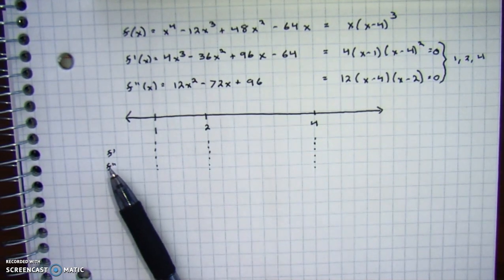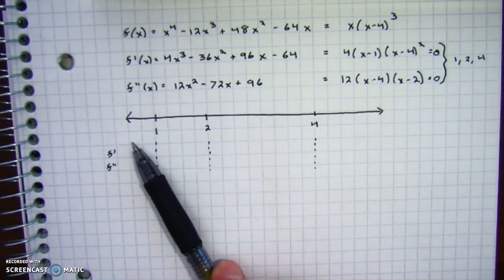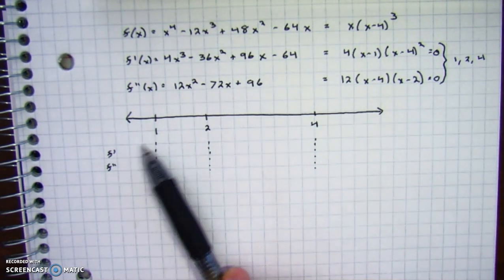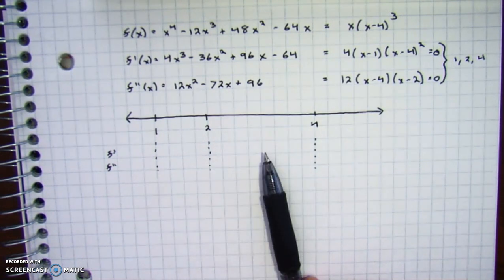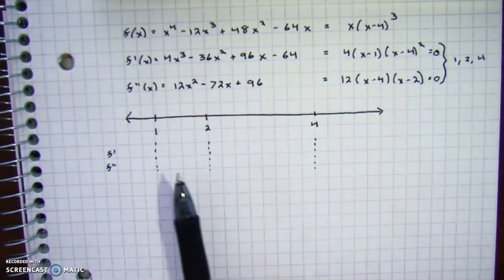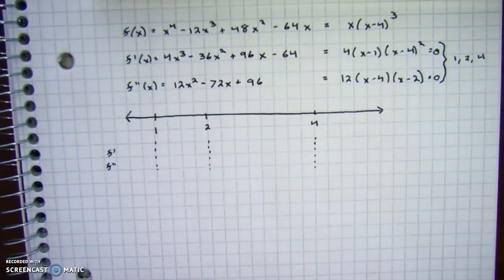There's a couple of different ways you can do this. You can plug in numbers, for example just take 0. If you want to figure out what the first or second derivative is doing on this side of 1, you can plug in 0 here, maybe 1.5 here, and 3 here, and 5 here. You can do all those calculations, and that'll tell you if it's positive or negative.